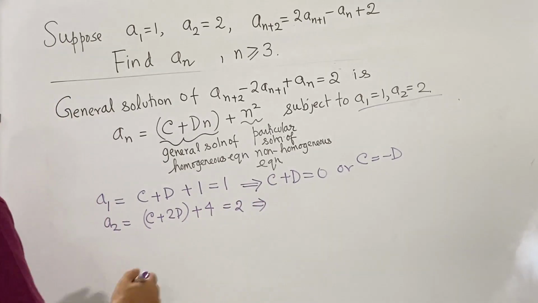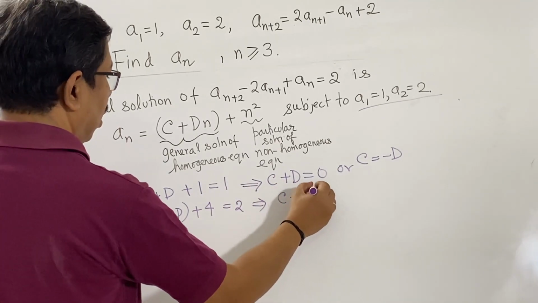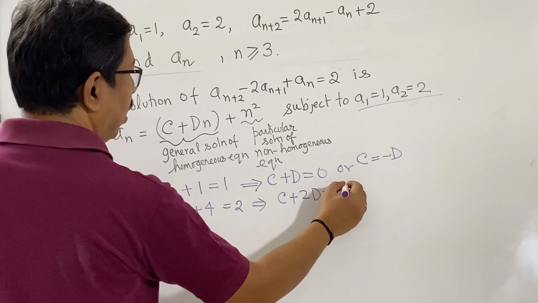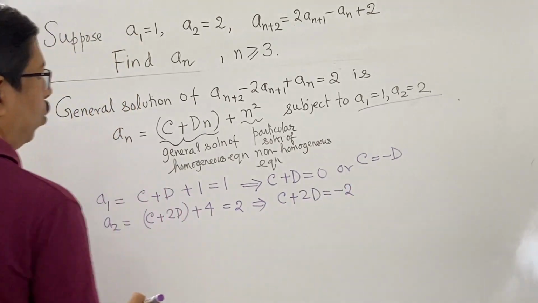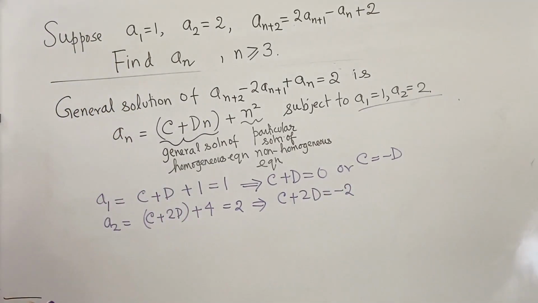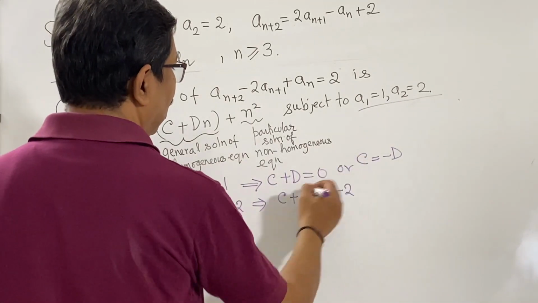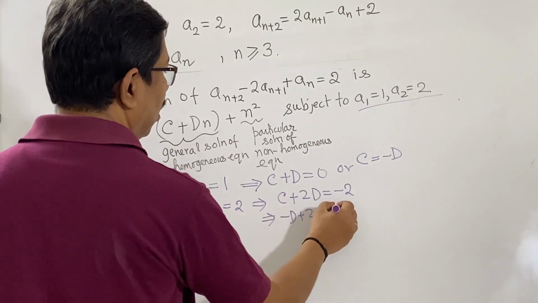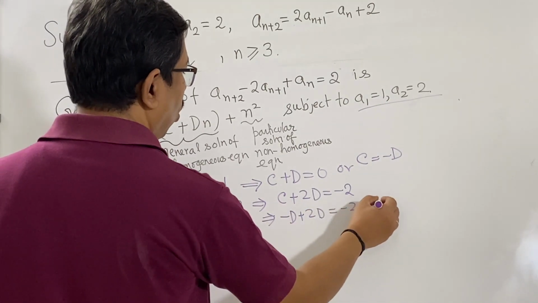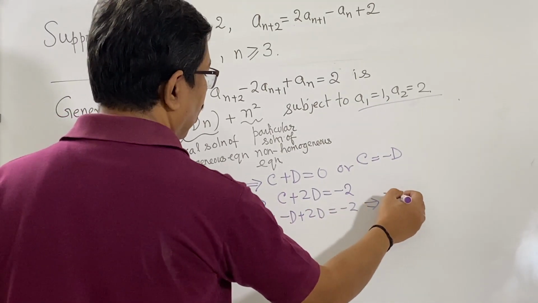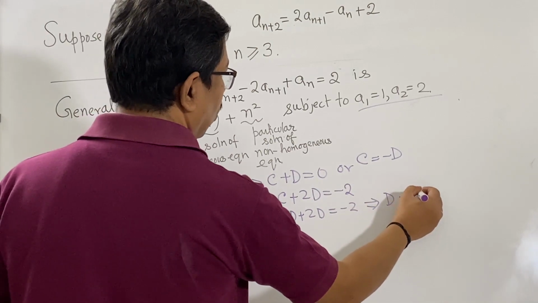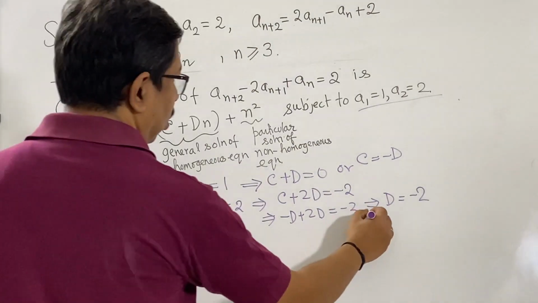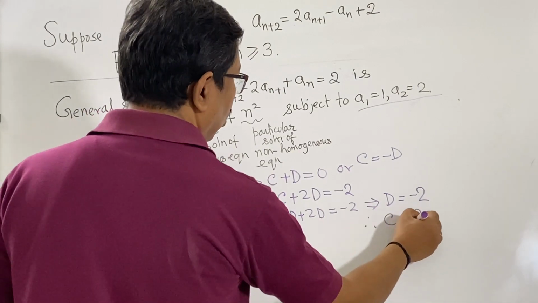That gives us c plus 2d is equal to minus 2, and putting c is equal to minus d as we have got here gives us minus d plus 2d is equal to minus 2, or d is equal to minus 2, and therefore c is equal to 2.